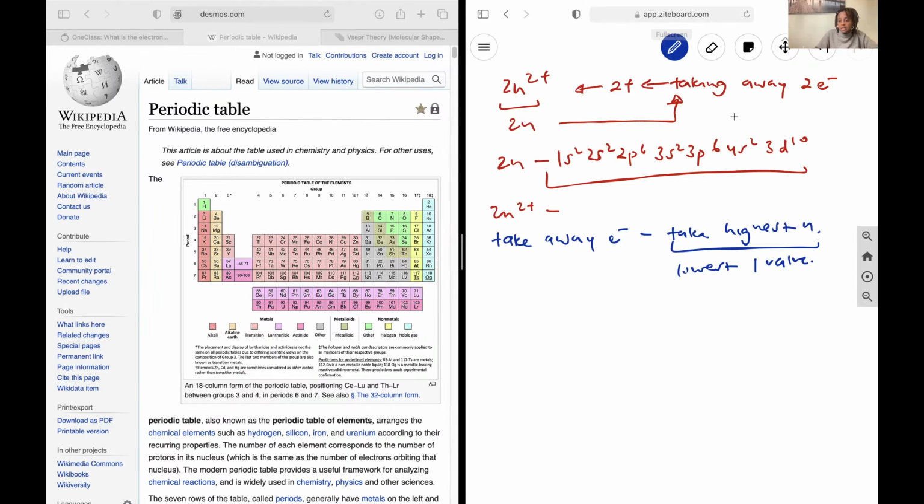I can see that the highest n value is going to be 4. And so I'm going to take away the 2 electrons from there. And so for Zn2+, I'm simply going to cancel out these 2 electrons, and the configuration will become 1s2, 2s2, 2p6, 3s2, 3p6, 3d10. And that's it for this question.